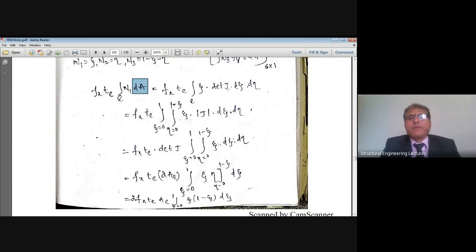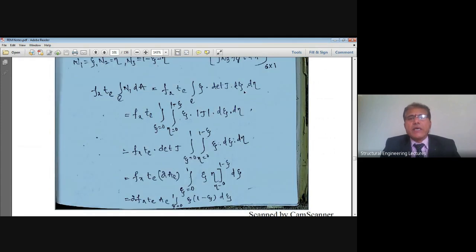Then you please see that here I do have this det J d xi d eta for one element. This being a 2D element, two dimensions are there, so integration two times, right? Then Fx multiplied by t are constants out of integration. Then xi varies from 0 to 1 along the xi direction. Then eta will vary from 0 to 1 minus xi, because xi plus eta is equal to 1.